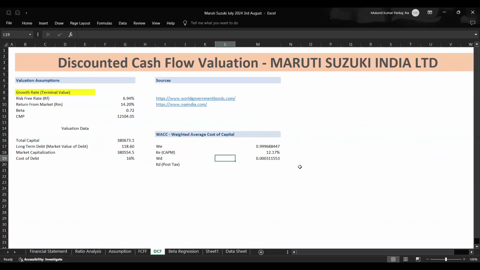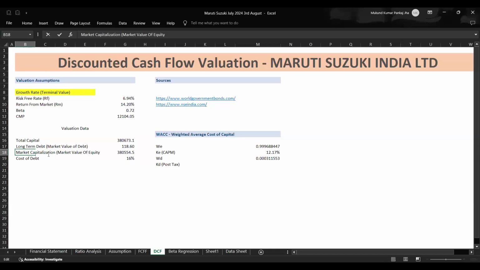Should weight of equity be equity upon total market cap? Yes, this is what we did, right? The market capitalization itself signifies the market value of equity. What is market capitalization? Share price multiplied by number of shares. So this signifies the market value of equity.